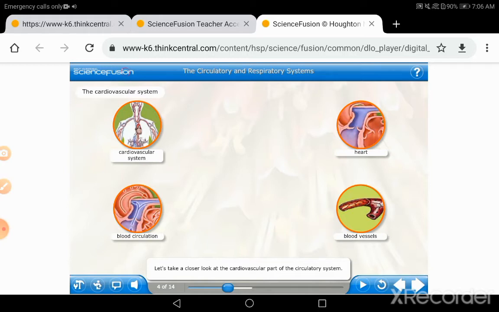Please listen to this slide. They're talking about the function of the cardiovascular system, the parts or organs in the cardiovascular system, and the function of each organ. Okay? Let's listen. Take a closer look at the cardiovascular part of the circulatory system. Click each image to find out more.